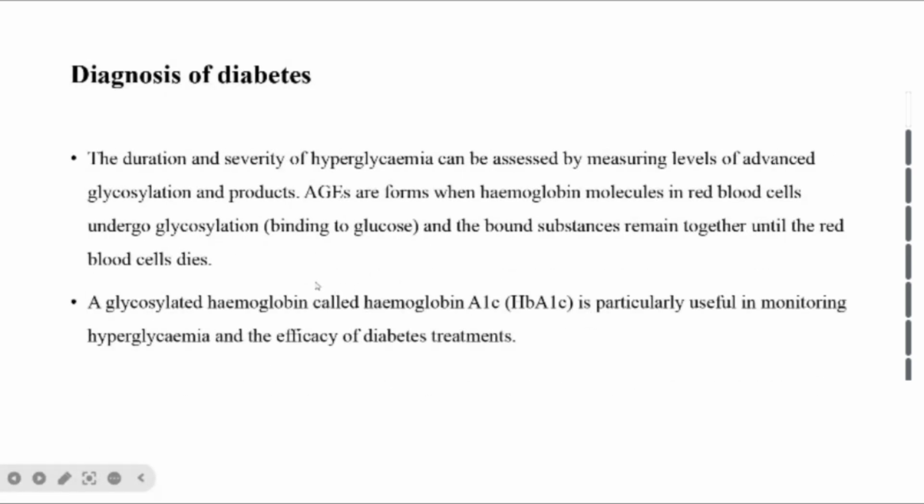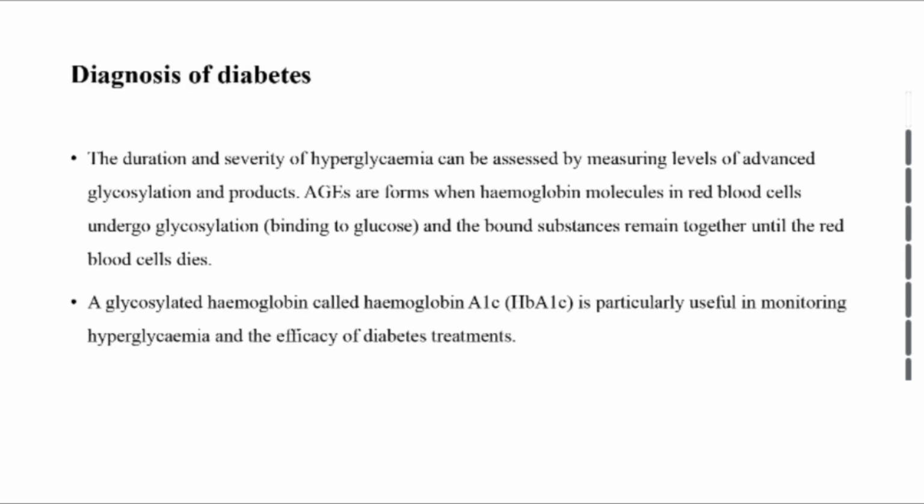The duration and severity of hyperglycemia can be assessed by measuring levels of advanced glycosylation end products, AGEs. They are formed when hemoglobin molecules in red blood cells undergo glycosylation, which is the binding to glucose, and the bound substances remain together until the red blood cells die.